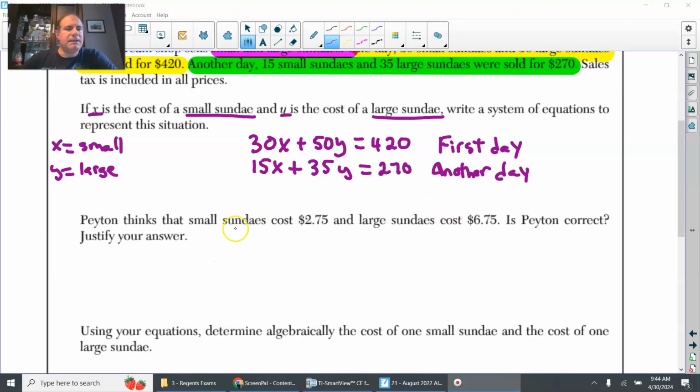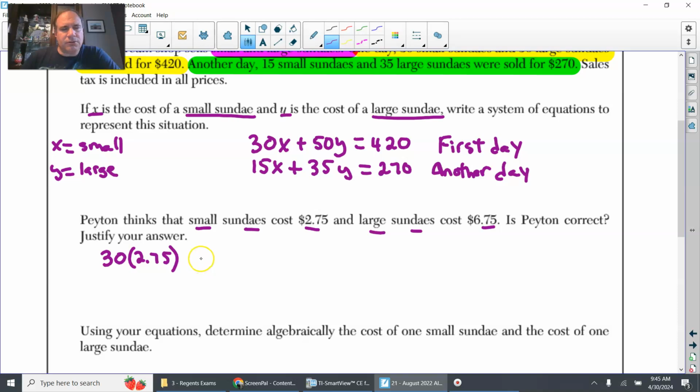All right. So Peyton thinks that small sundaes cost $2.75 and large sundaes cost $6.75. Is Peyton correct? Well, we have to check both equations. We're going to use our first equation, and it's $2.75 for the small sundaes.